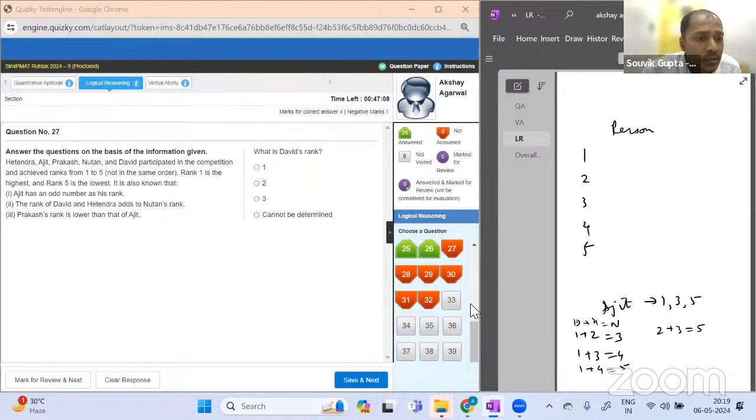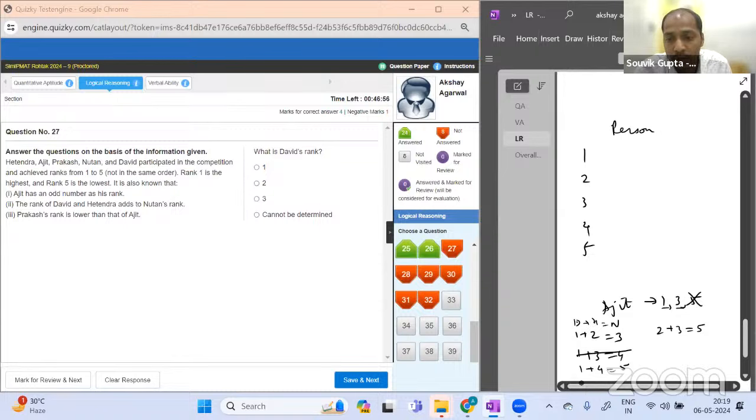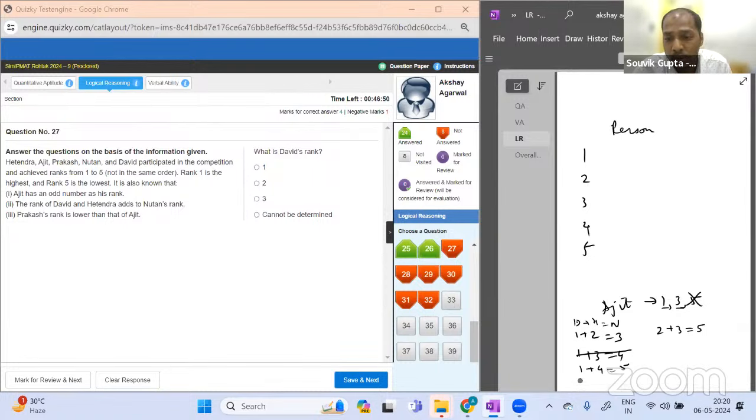Prakash's rank is lower than that of Ajit. So Ajit cannot be 5th rank. Ajit has to be either 1 or 3. So this possibility is not possible for Nutan. Nutan can be 1 plus 2, 1 plus 4. Because Ajit needs either 1 or 3, this possibility is also eliminated.